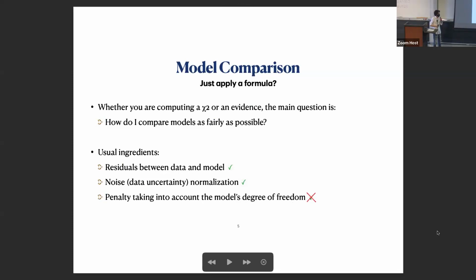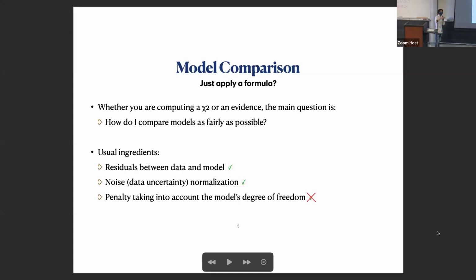For model comparison, whether you use a chi-square, which is the frequentist approach, or the Bayesian formalism, an evidence score, the main question is: how do I compare one model with another? Not all models have the same number of free parameters, so you want to be fair. You want to penalize a little bit more the models that have a lot of degrees of freedom compared to the ones with few.